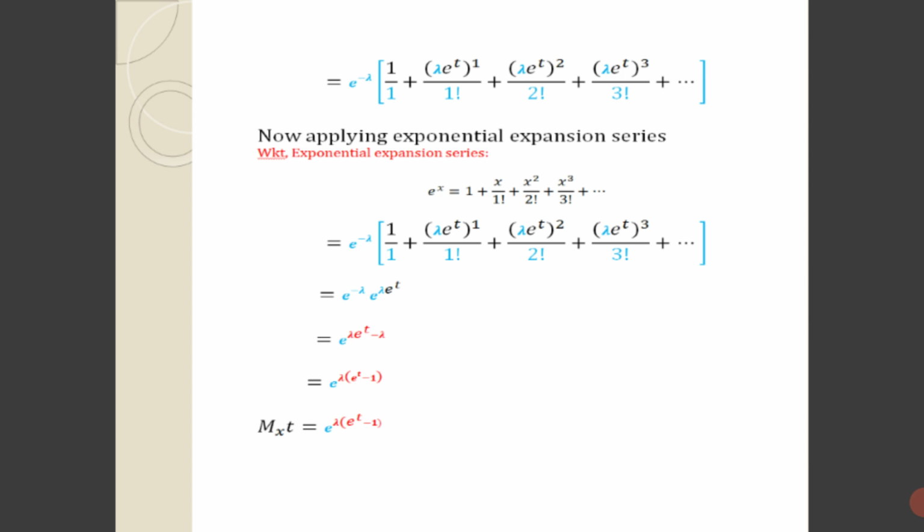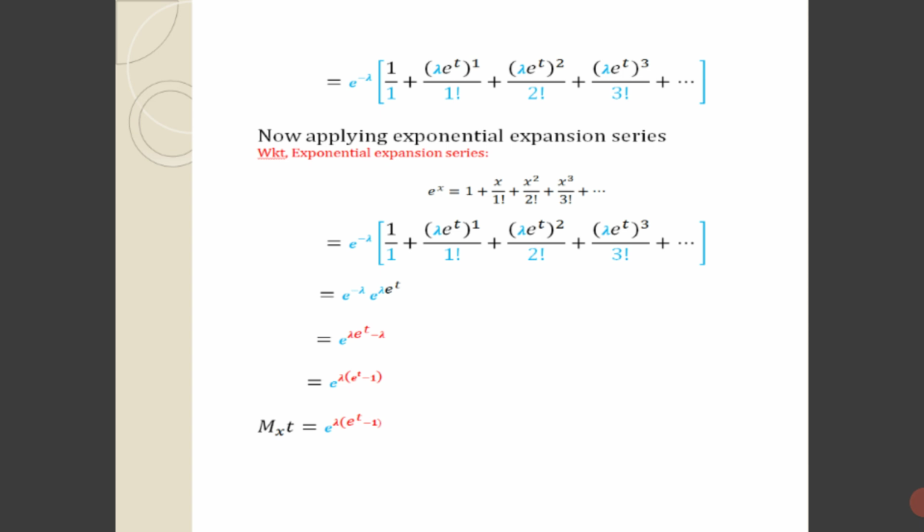So finding the e^x value by using the exponential series, the above term is rewritten as e^(lambda e^t). So finally we write e^(-lambda) into e^(lambda e^t).